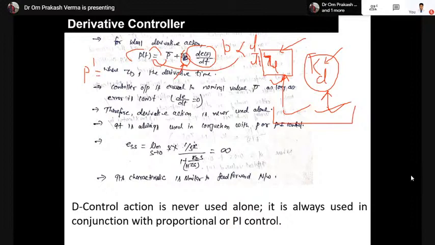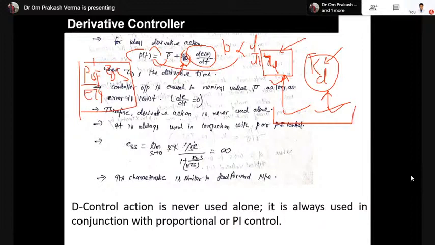The Laplace of d by dt is s, so p bar into E is tau d s. The transfer function of this one is tau d s.